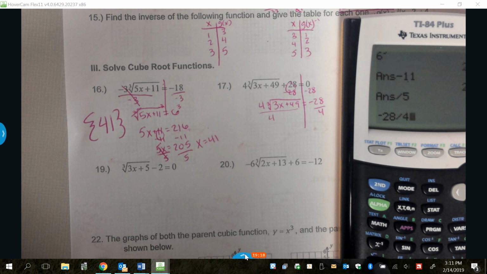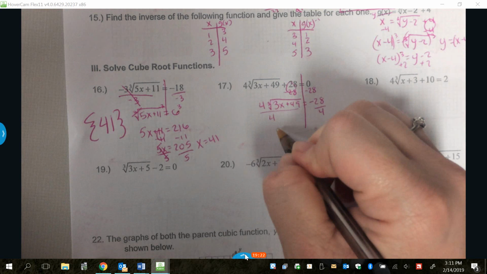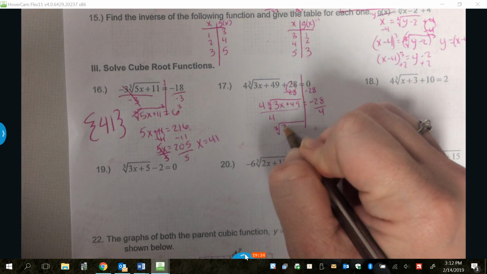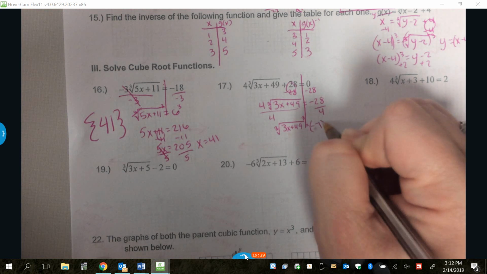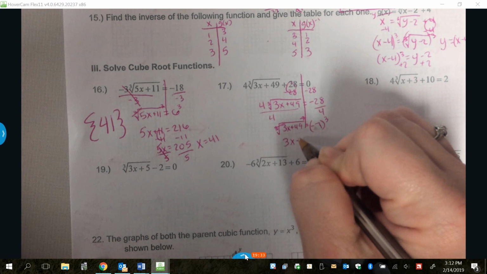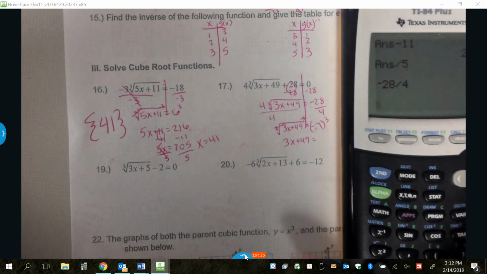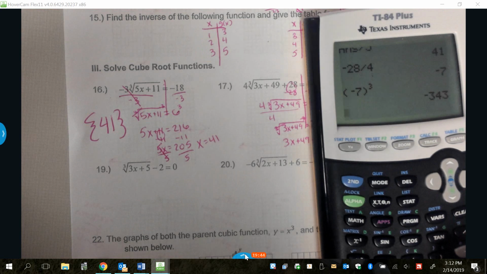Be careful because a lot of y'all mess up with your negatives. -7. Cube both sides. Cube root cancels cubed, and I get 3x plus 49 equals -7 to the third power, -343.